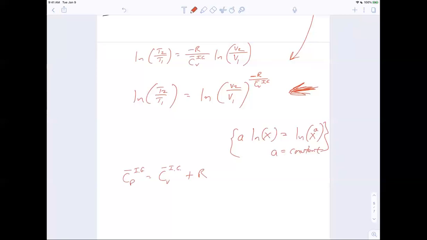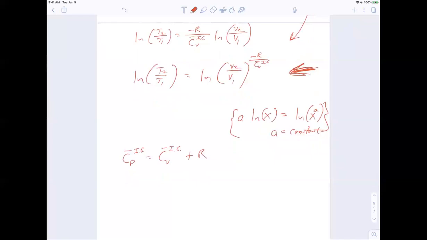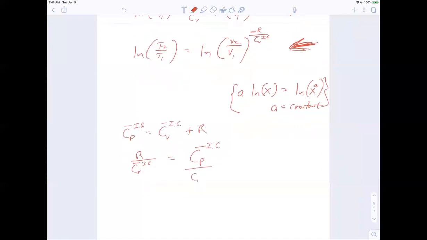So if I divide through by CV, what we have here is R over CV ideal gas is equal to CP ideal gas over CV bar ideal gas, minus 1.